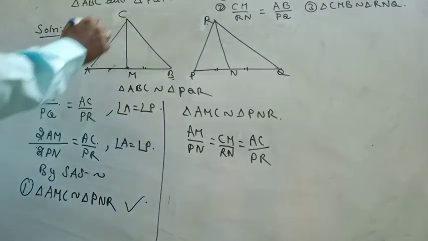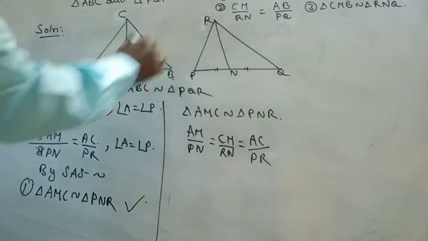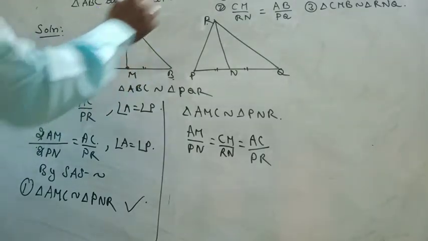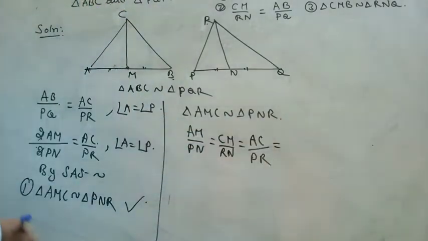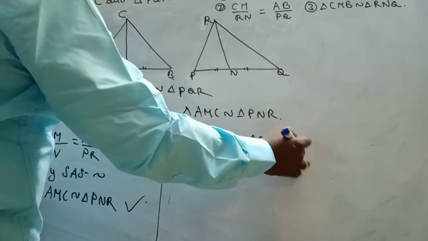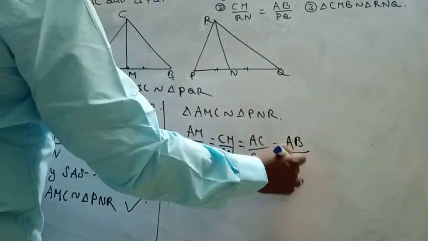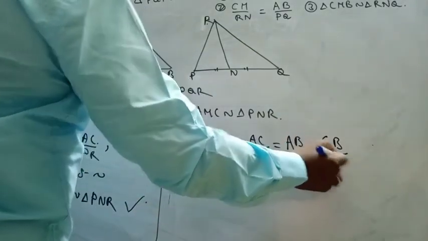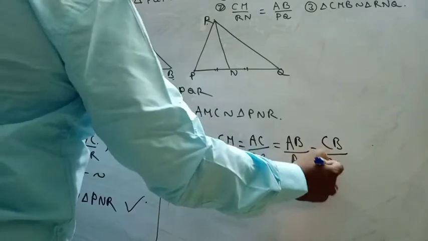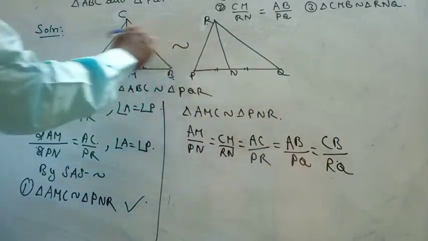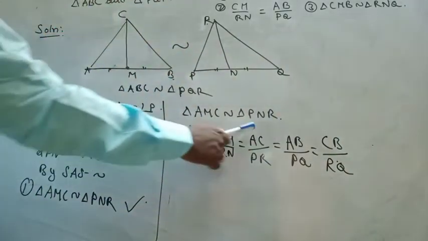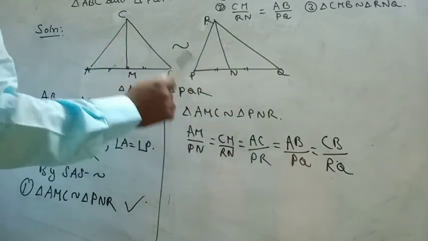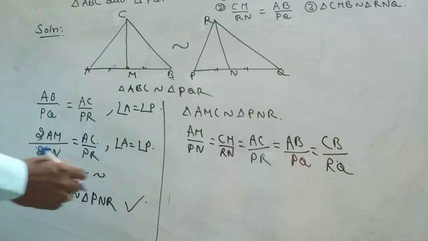Once they have given that these two triangles are similar, their corresponding sides are in the same ratio. That means AC by PR is equal to the other sides, AB by PQ, and that is equal to CB by RQ, since these two triangles are similar.